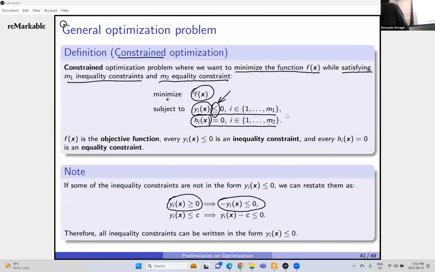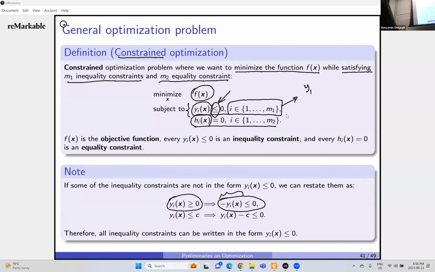Then, as I said, the naming is not important. You define this minus g_i(x) as another g_i(x), as g of x. You can define the functions, right? By the way, you understand this, right? What do I mean by for all i from 1 to m1? This is condensed notation.